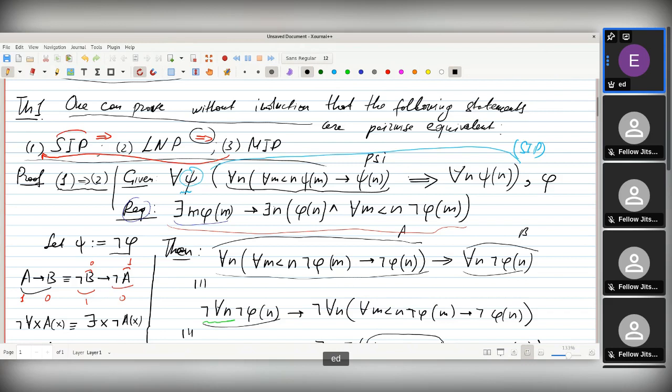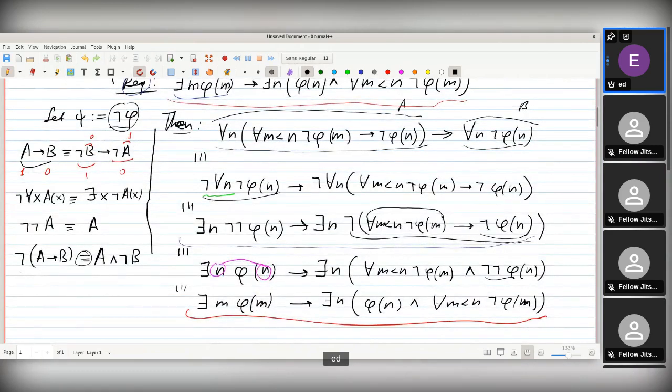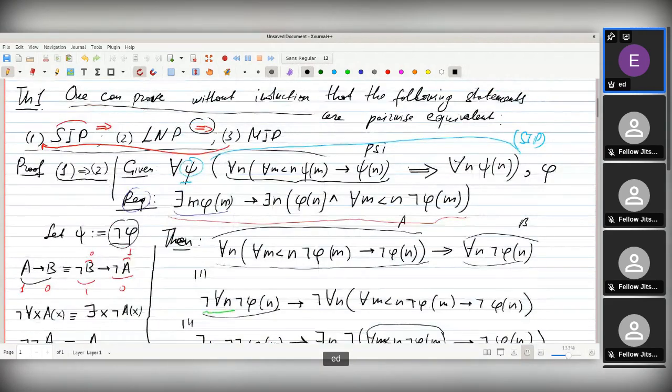We have considered not phi instead of phi. We have applied the strong induction to not phi, and we have obtained by way of logical equivalent transformations our least number principle. Was it clear? Or do you have any questions?